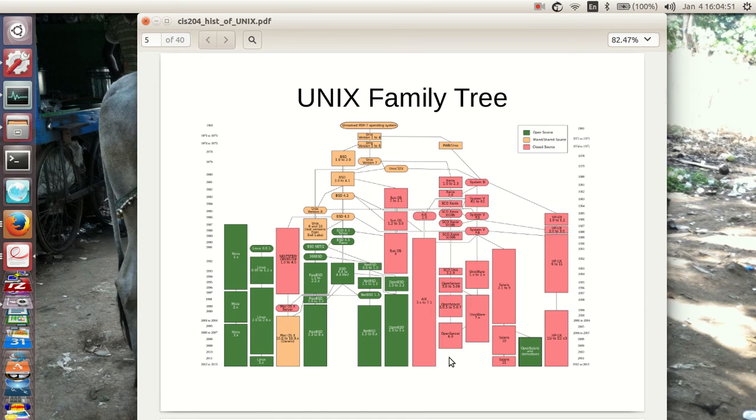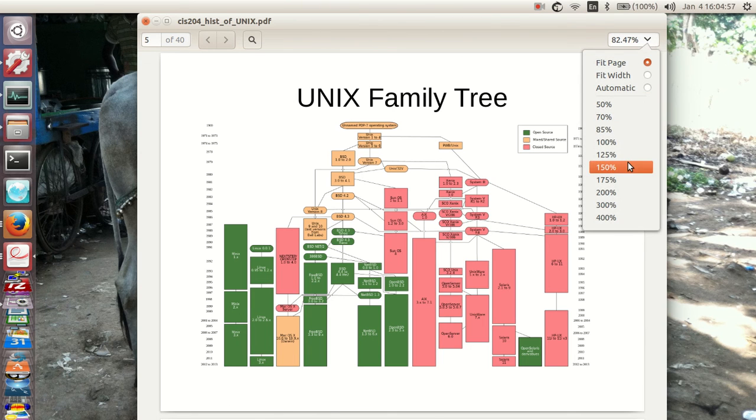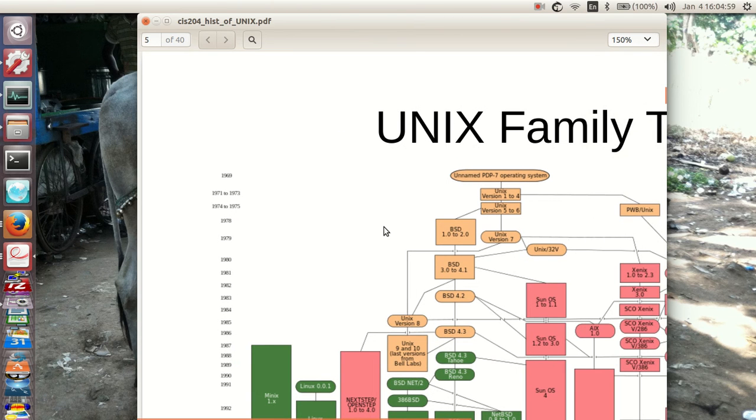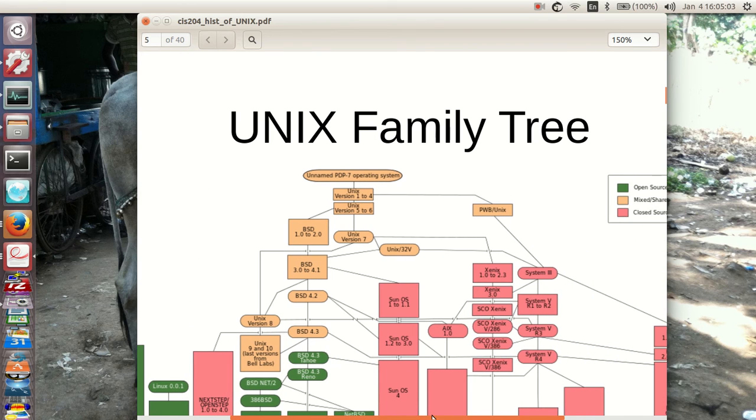Here in front of you is the Unix family tree. And I'm going to expand this just a bit so that we can take a peek at, in a little bit better way, where it all started. So in about 1969, there was that follow-on to Multics, which was an unnamed operating system running on a PDP-7. At some point in the early 1970s, they decided to call the operating system Unix.